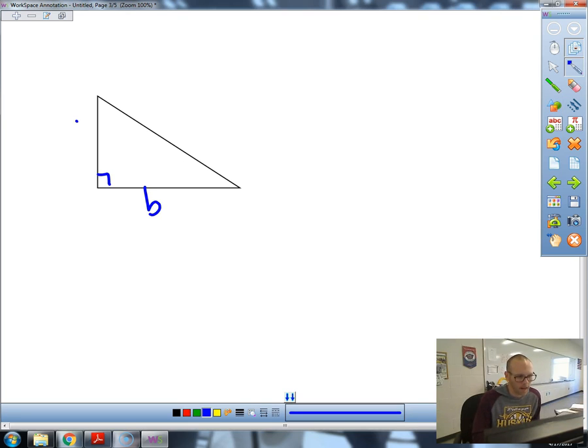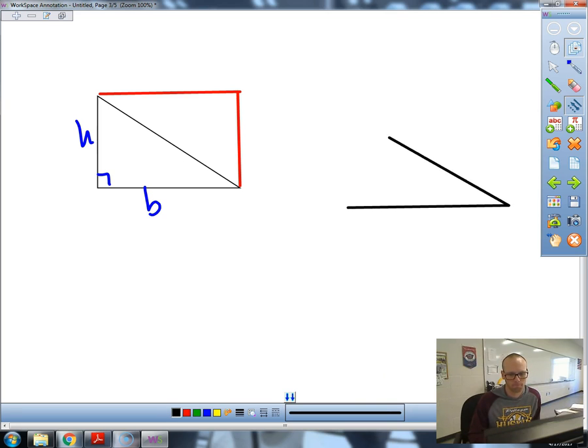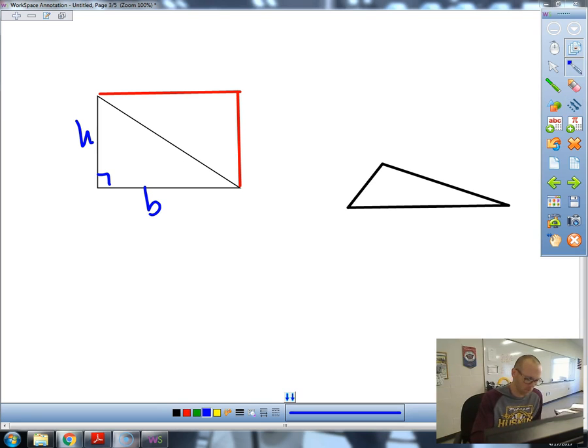If this is a right angle, my height is that side length. And if I double my triangle, I would have a rectangle. And the area of the triangle is half that of the rectangle. But what if it's not a right triangle? Here's my base.